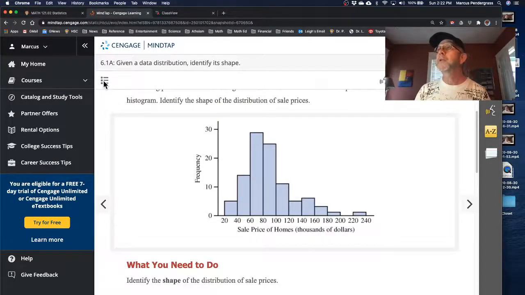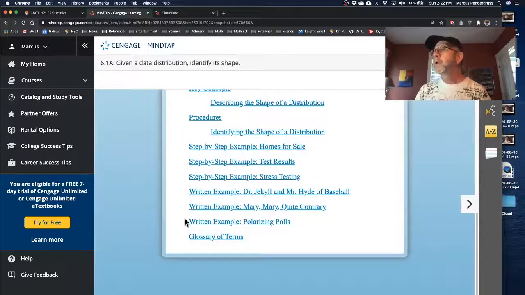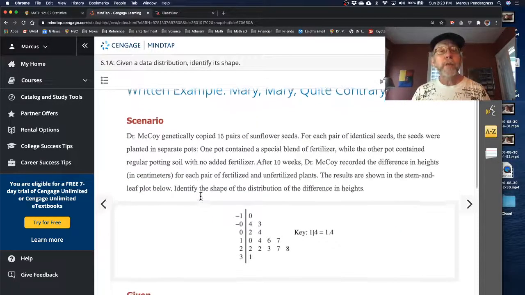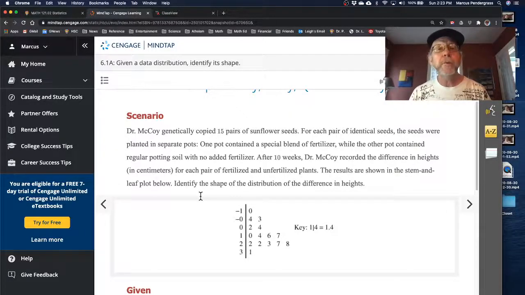Let's see, I wanted to take a look at one other example here. Mary, Mary, quite contrary. Let's see what that's all about. So, Dr. McCoy genetically copied 15 pairs of sunflower seeds. For each pair of identical seeds, so the seeds in each pair are genetically identical, the seeds were planted in separate pots.